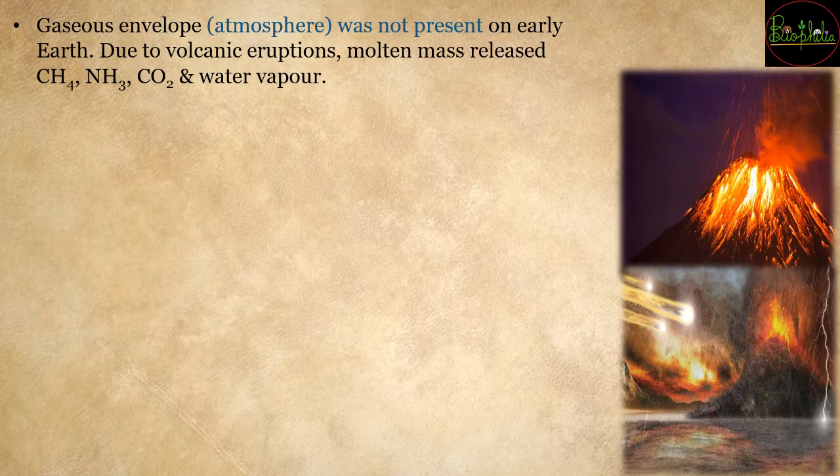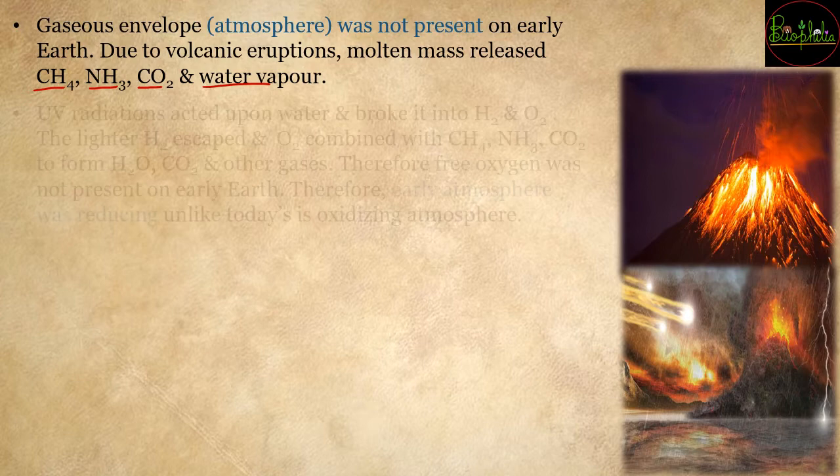There were many volcanic eruptions, molten masses were being released, and there were gases overall: methane, then NH3, that is ammonia, then carbon dioxide, and water vapor, that is the gaseous form of water, because the temperature had not cooled enough, it was very hot because of the explosion. So that was the condition of the newly formed Earth.